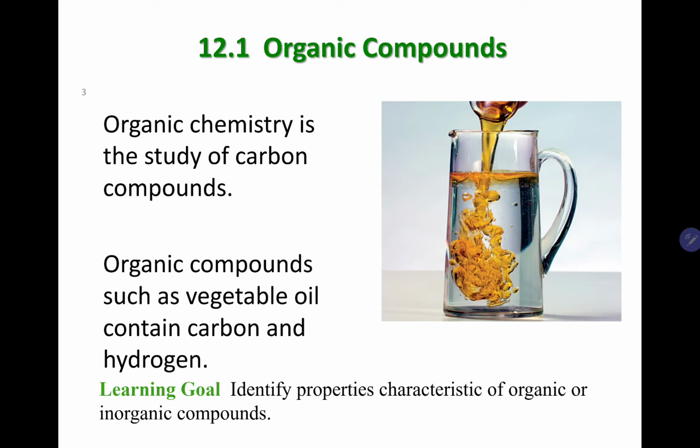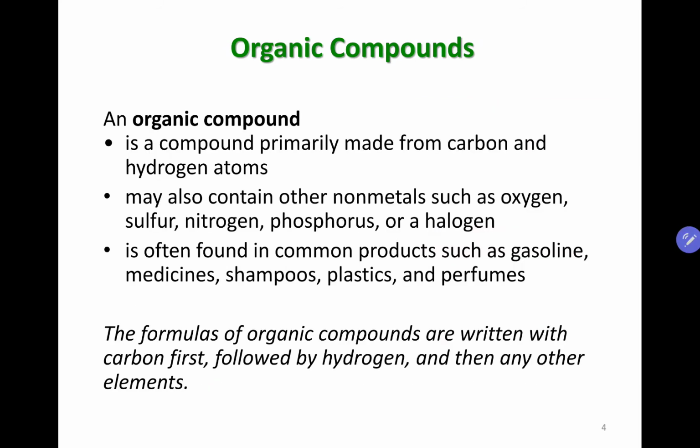So organic compounds are basically compounds that contain carbons, or in other words, organic chemistry is basically the study of carbon compounds. And all the organic compounds contain not only carbon, they also contain hydrogen, and sometimes they also contain other non-metal atoms such as oxygen, sulfur, nitrogen, phosphorus, and halogen.